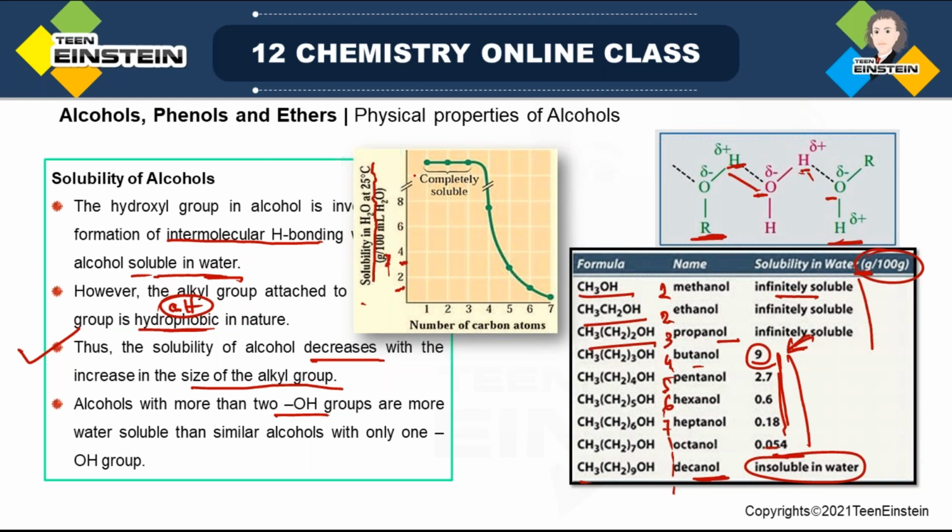Then there is this type of sign. It means there is a huge shift in scale, because when carbon number, which is in the x-axis, suppose you are having methanol, then ethanol, then propanol, and then butanol. Now see, these three have almost the same value of solubility, and their values are actually very high.